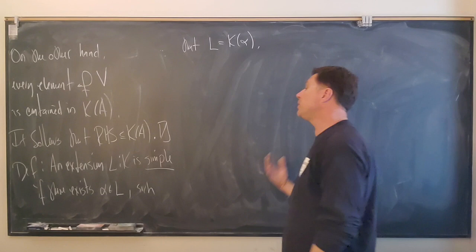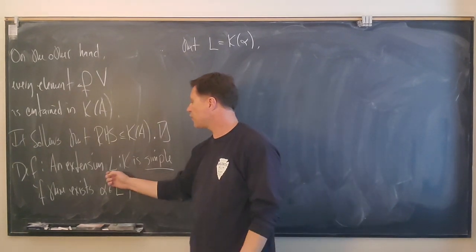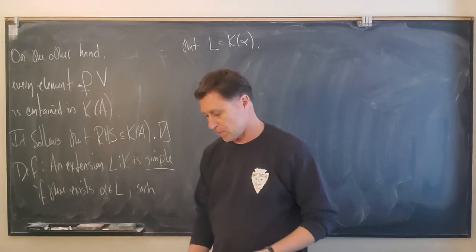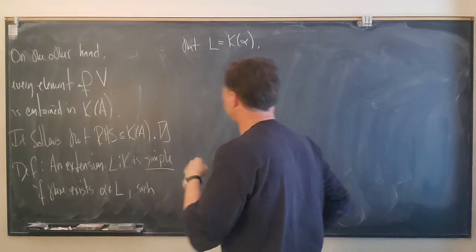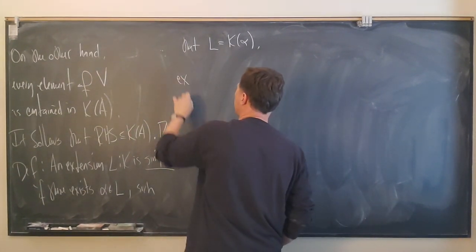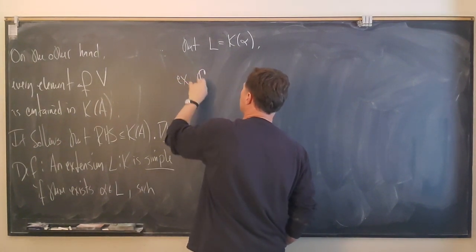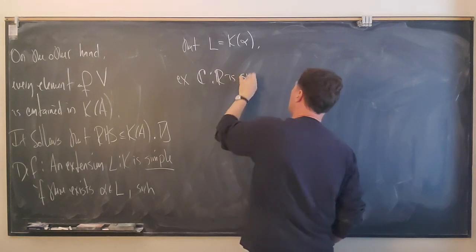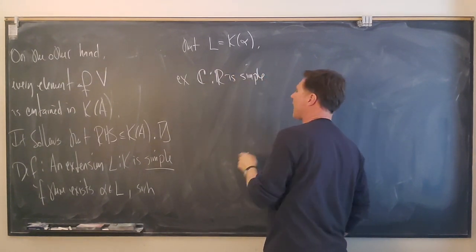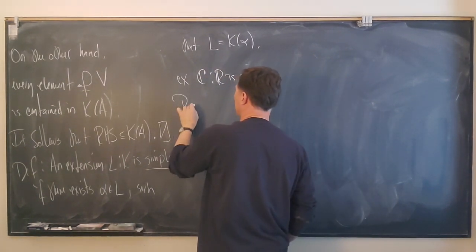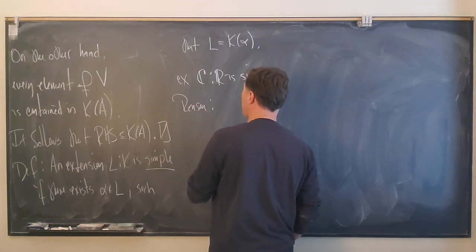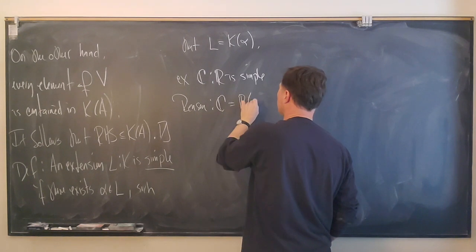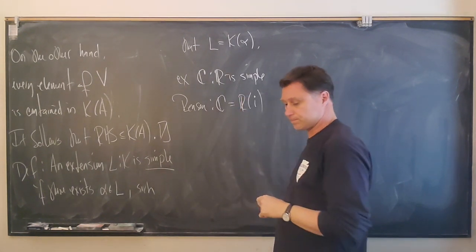So if you can build L by adjoining a single element to K, then you say that this is a simple extension. Here's a quick example. The extension C over R is simple. Now, why is that? You can check that C is equal to R adjoin i.